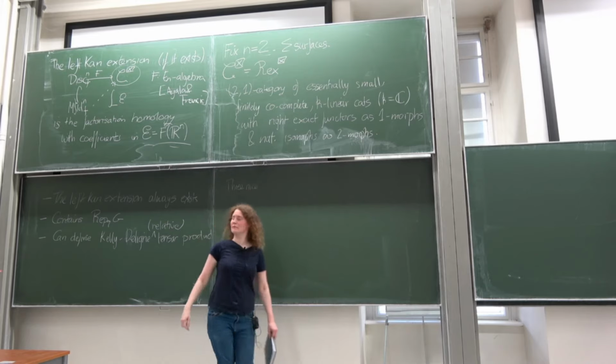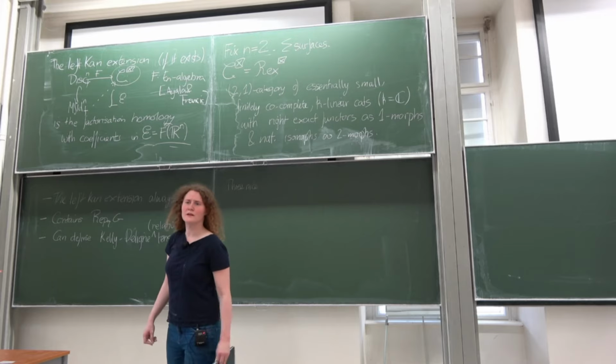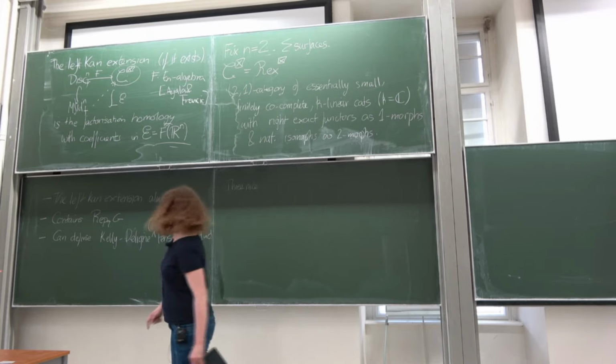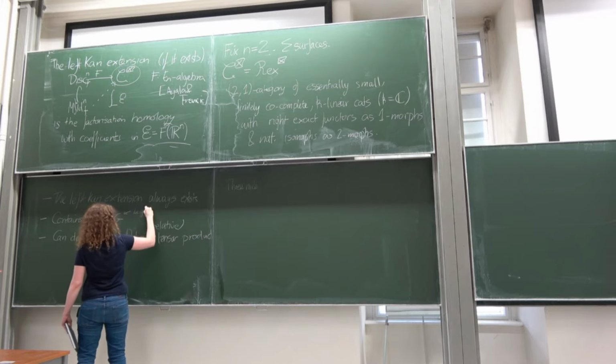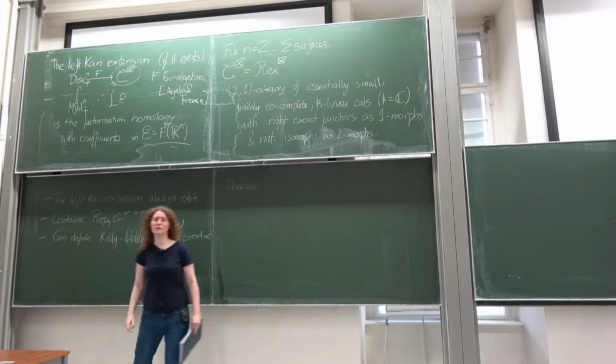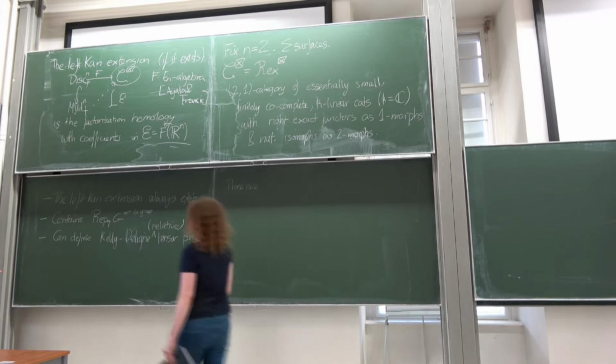Where did the group G appear in the picture? Okay, so G is our Lie group. In which part of the construction does it show up? Well, it shows up here.